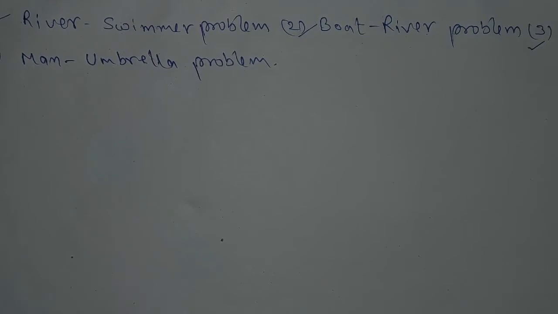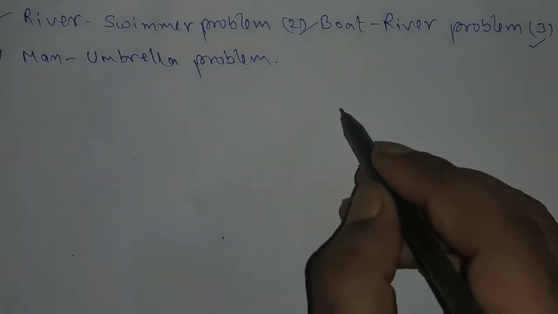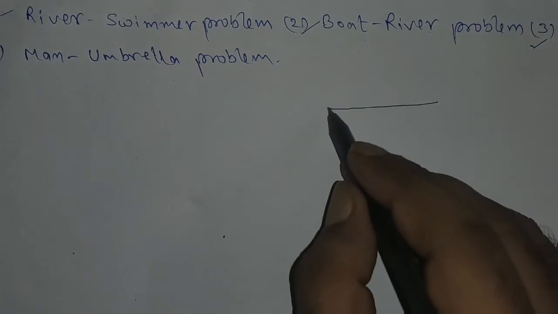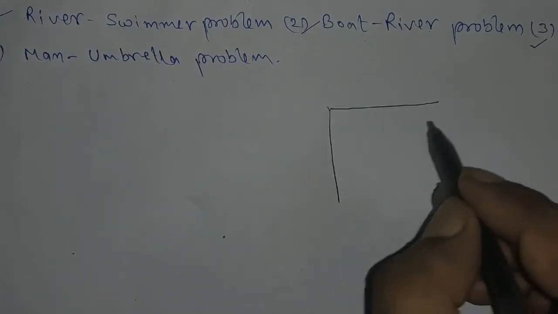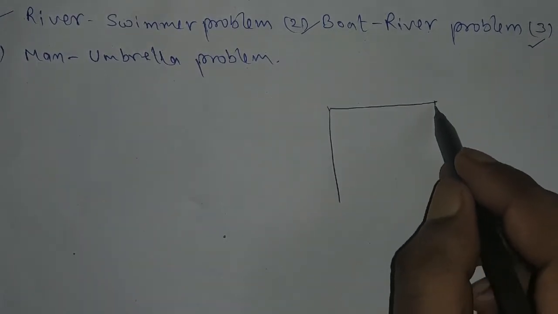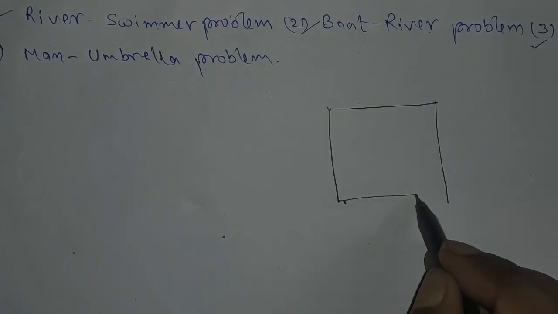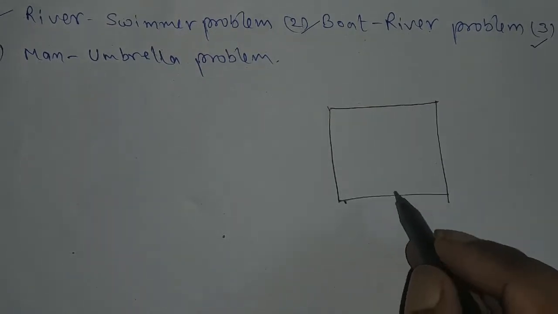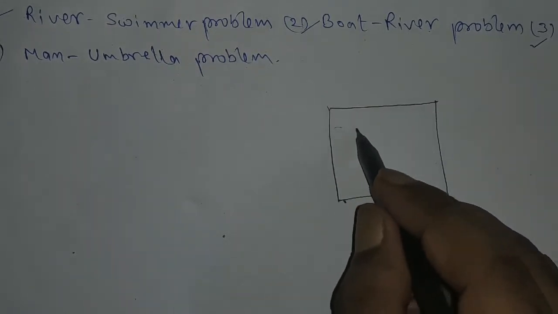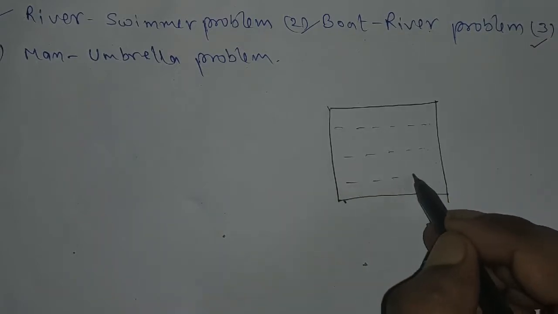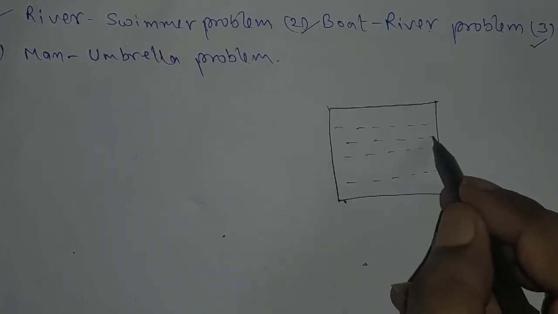Students, let us start. See here, suppose this is a pond, means तालाब, ये एक pond है, and the water is filled in it, and water is still.